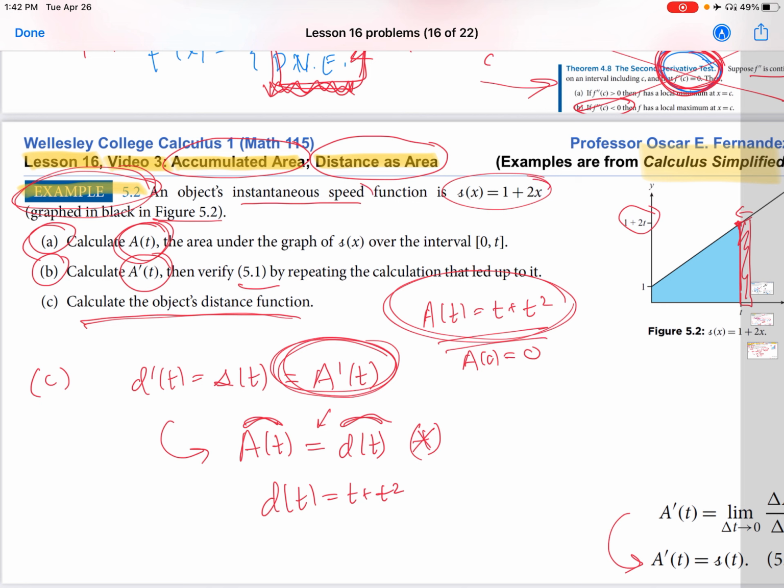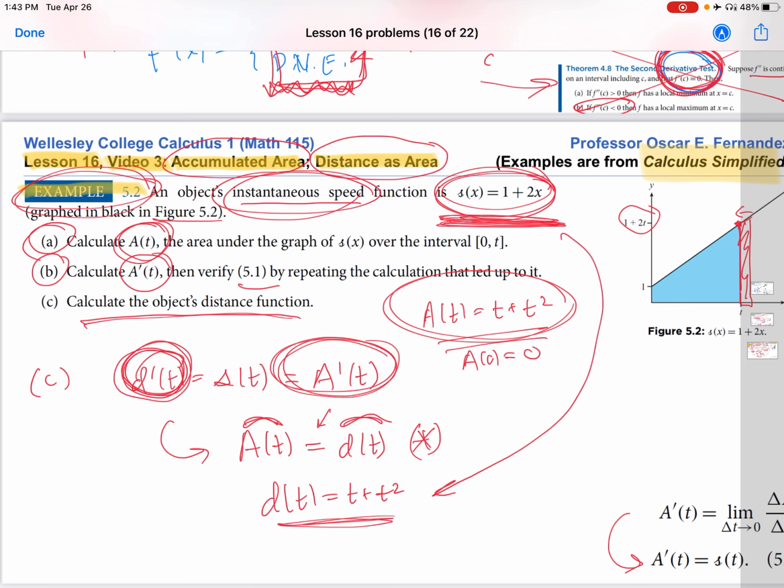Give me the instantaneous speed, give me the derivative, and let me calculate the function. That's what we effectively did here. We had information about the derivative, which we were given. This is the derivative d prime of t. And we used that information to calculate the function it came from, which is t plus t squared. We'll do much more of that in the subsequent videos in this chapter and in the remainder of the course.